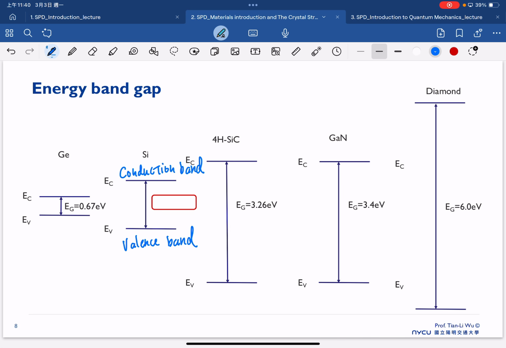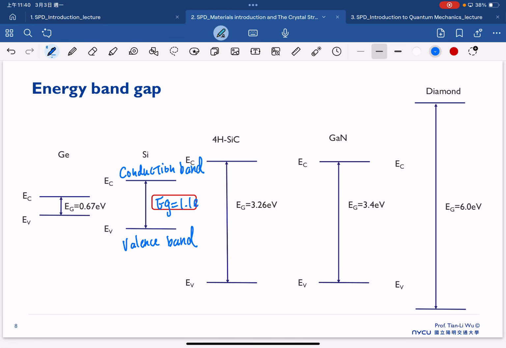Once we talk about quantum mechanics later, we will start to talk about quantization, so we will have discrete energy levels, and then we define the conduction band and the valence band. The difference between the conduction band and the valence band is what we call the band gap.